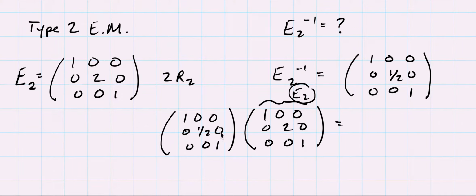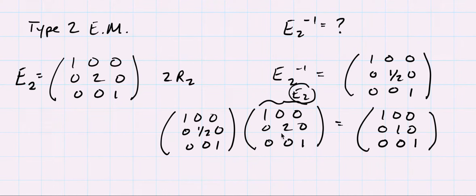Now we're multiplying by this matrix. This is just a random matrix that happens to be an elementary matrix, but we can just think of it as a matrix. And now we're multiplying this matrix by an elementary matrix. When we multiply it by a type 2 elementary matrix, we just take this second row and divide it by 2. So we get 1, 0, 0, 0, 1, 0, 0, 0, 1.